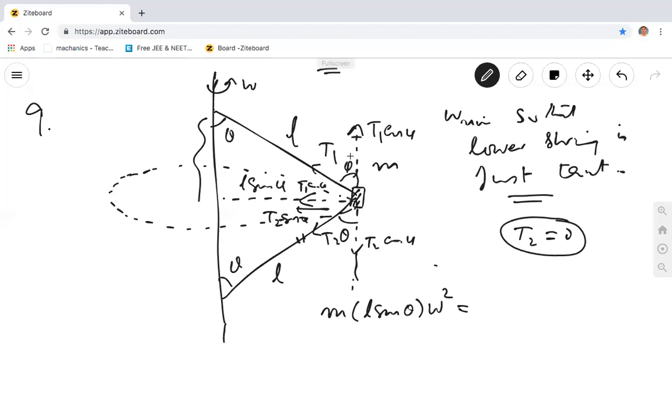Yes, I will tell you. This component of this tension and this component of this tension, that is T1 sin theta plus T2 sin theta, provide this centripetal force to make the body move in a circle of this radius. Is that right? Now, can you write any equation for this and this? What should I write?